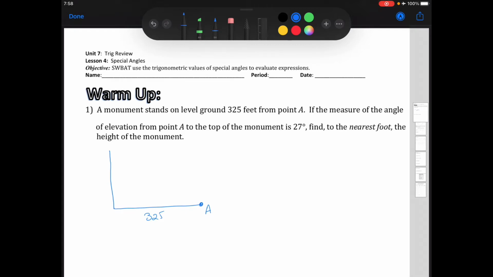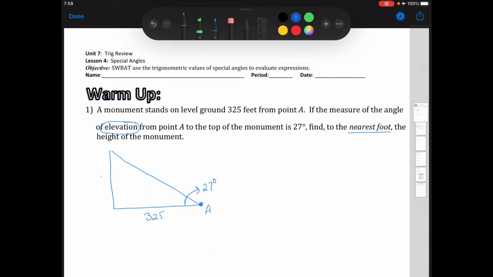If the measure of the angle of elevation, going back to geometry, angle of elevation means at A, if you're standing and looking up, that's your angle of elevation, which is 27 degrees. Find to the nearest foot the height of the monument.